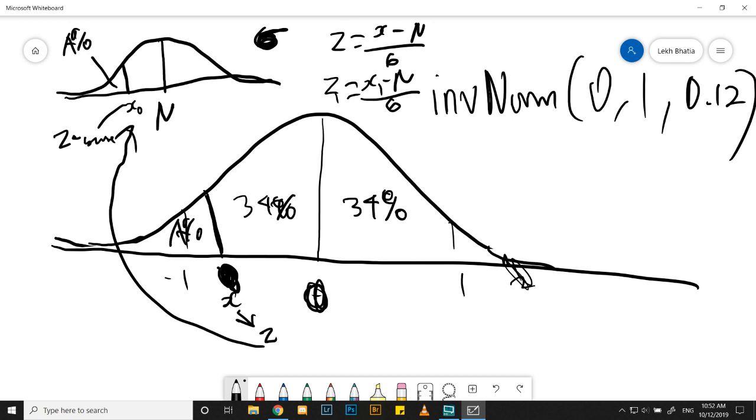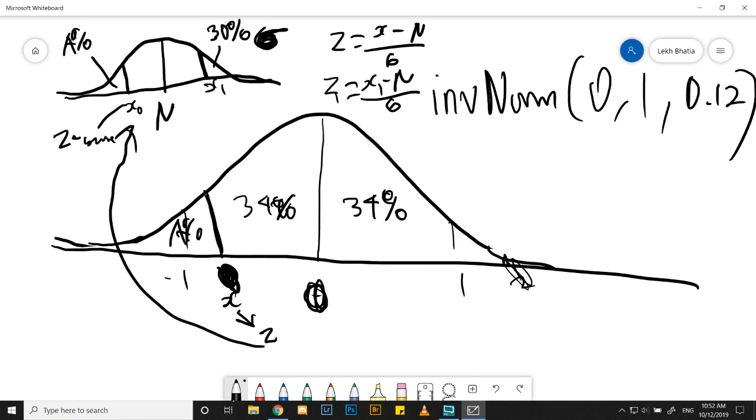One important note I'd like to make is that if your data point is on the right side of the normal distribution, say it's here, and they say this is 30% of the data, this 30% of the data is on the right of this data point x1.